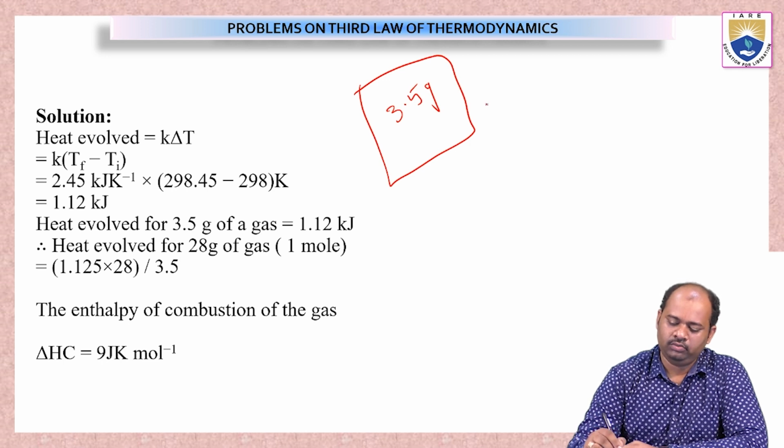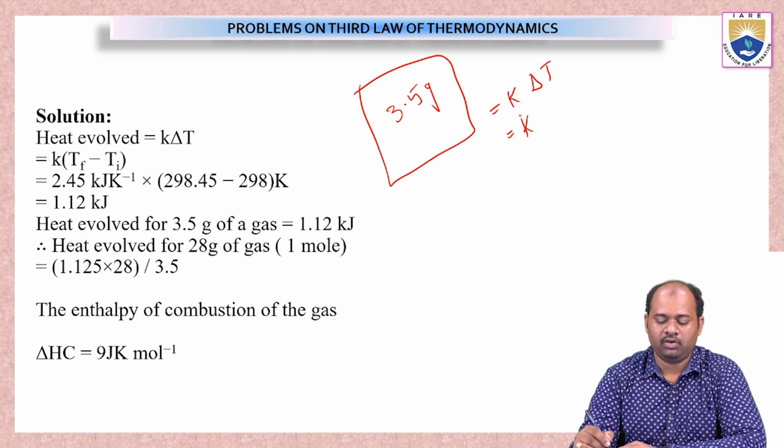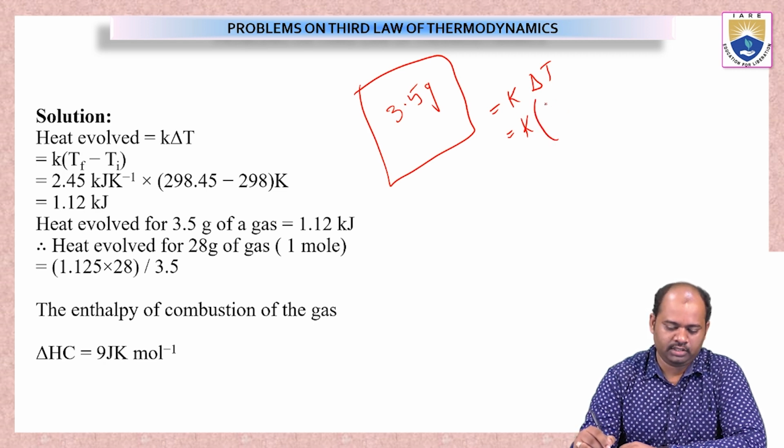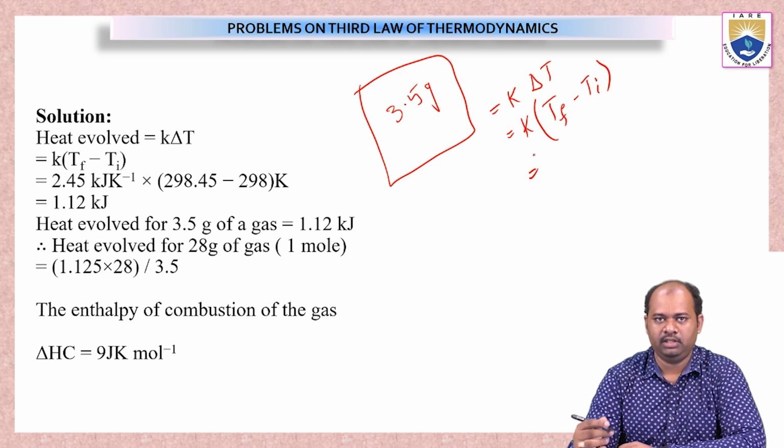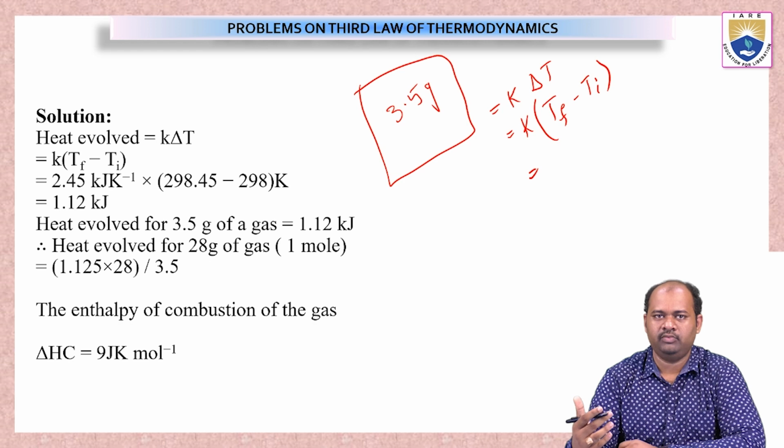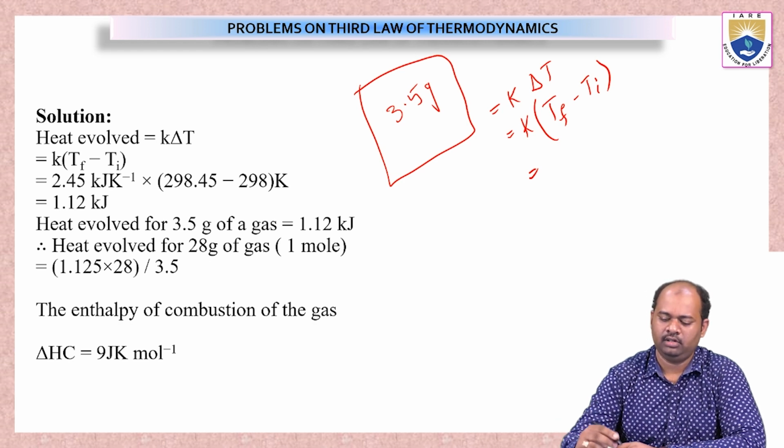The formula for this is K into delta T. K is the calorimeter constant, and delta T is the final minus initial temperature, TF minus T initial, because the combustion is happening, so the initial temperature is less than the final temperature.